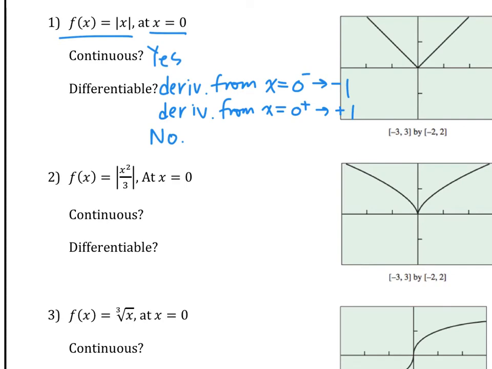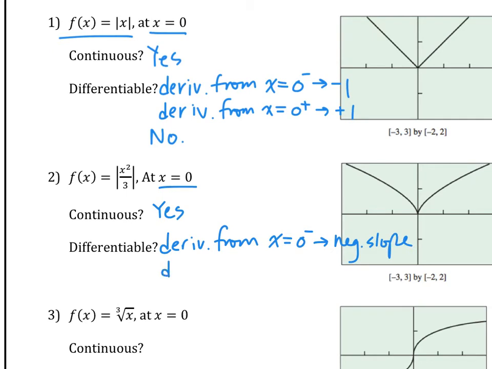All right, second one. We have this really interesting graph. First, at 0, is it continuous? Yes, I can draw this without lifting up my pencil. Is it differentiable? The derivative from x equals 0 minus, I don't know what that number is, but I know that it has a negative slope.